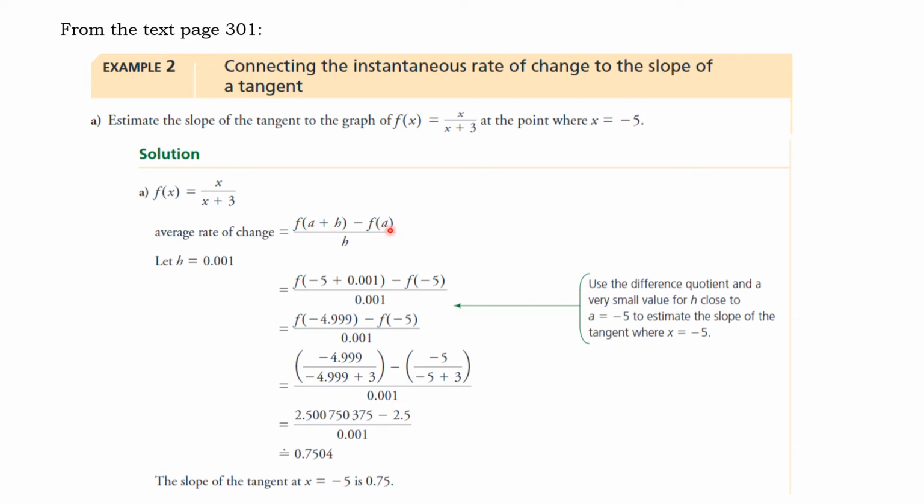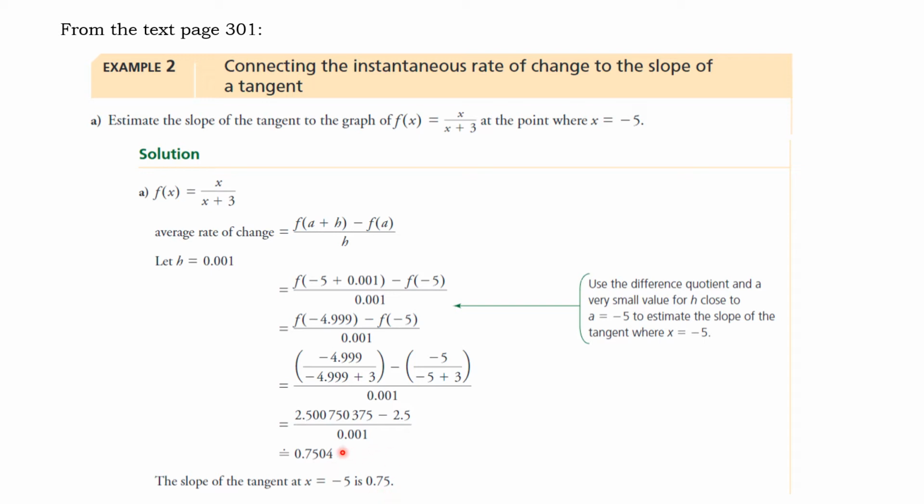Sometimes students prefer to just leave it an x instead of bringing in the a, but in this case, we just switch it directly to a -5, then h is 0.01. Use the difference quotient. We sub it all into this f, so f at -4.99 we put up here, wherever there's x is -4.99, work it all out, and we've got approximately 0.7504, so they're rounding that there.